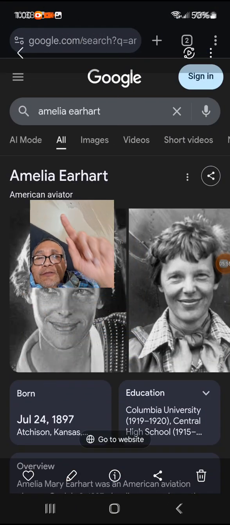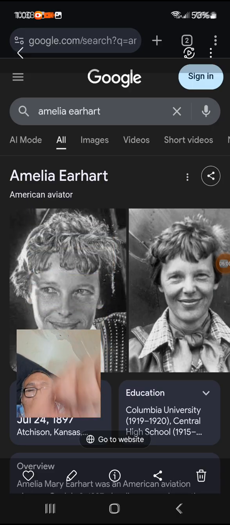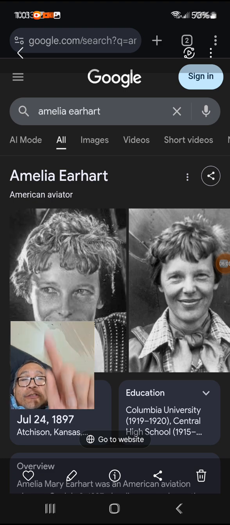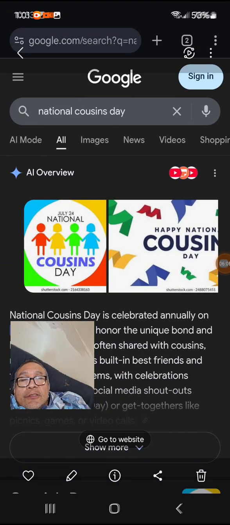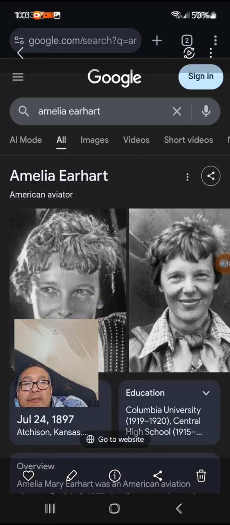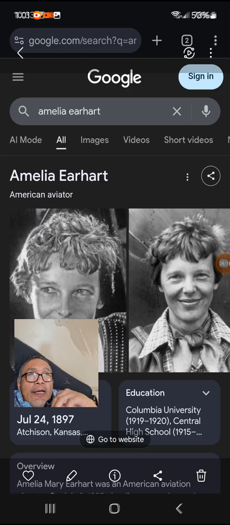So now you've got to factor in the fact that Amelia Earhart was born in 1897, July 24th. So that's her sister. But there's National Cousins Day celebrated on July 24th, which is the day Amelia Earhart was born. So I'm her fourth cousin because my dad and or my grandfather or my grandmother and her great grandfather were brother and sister.